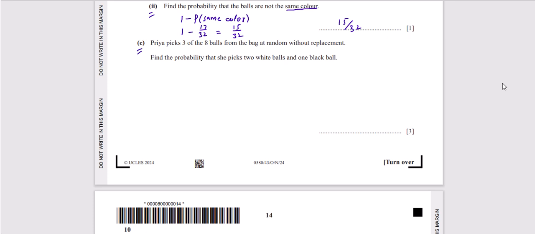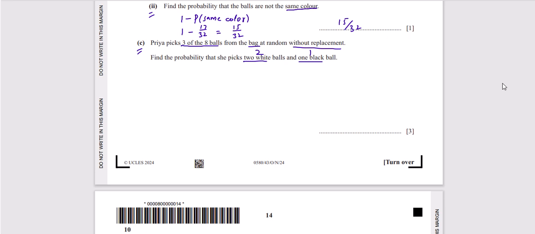Now part C. Priya picks 3 of the 8 ball from the bag at random without replacement. Find the probability that she picked 2 white ball and 1 is black ball.